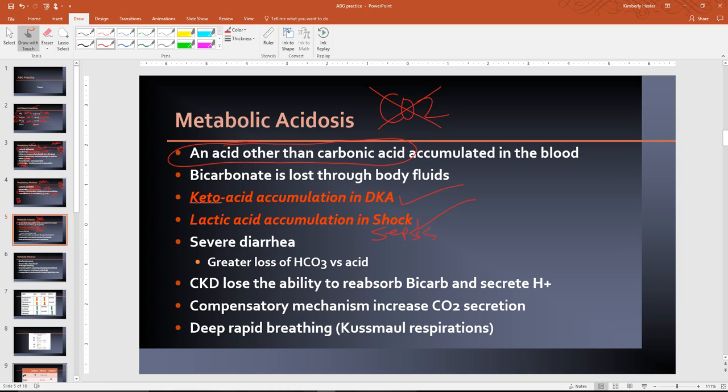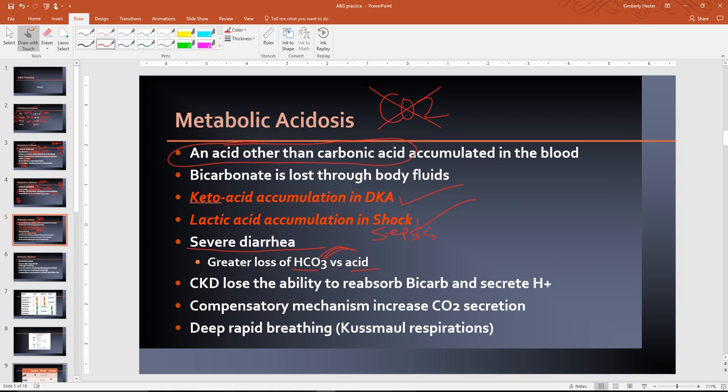All right, it can also be caused by severe diarrhea, and that's because during diarrhea, there is a greater loss of bicarb through the watery stool, versus any acid. So it ends up being an imbalance that way.